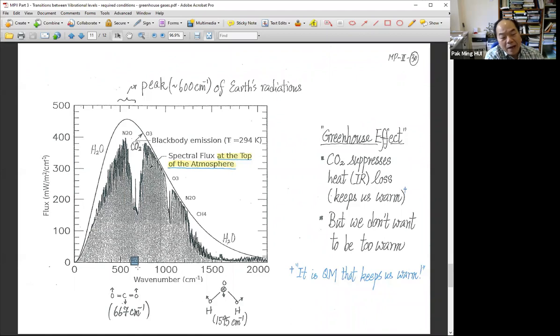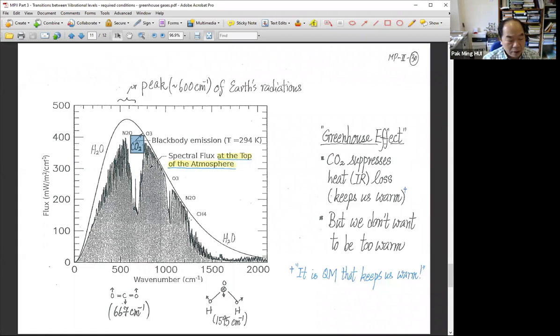All right, and this is rather deep, an apparent shortage of radiation out there. We say carbon dioxide absorbed what we want to get rid of, and then it will re-radiate, all right. Only part will go out, but part will be re-radiated inward. So that will keep us warmer than what we want.